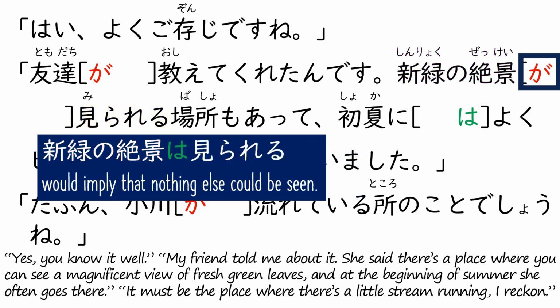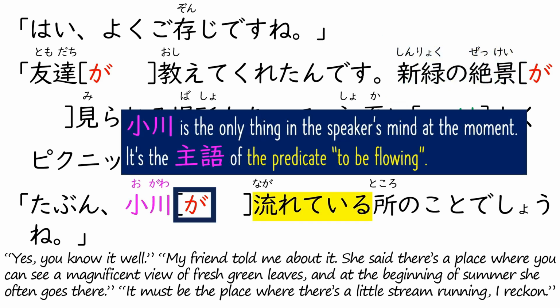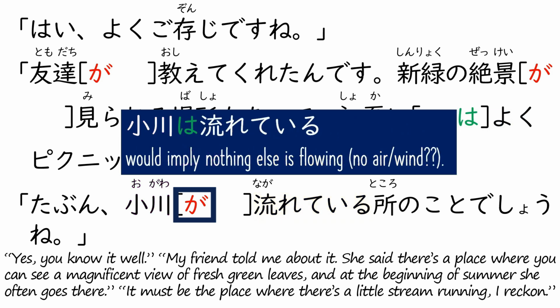What particle would imply that nothing else could be seen? Ga particle can't follow particles. 小川 is the only thing in the speaker's mind at the moment. It's the 主語 of the predicate to be flowing. What particle could imply that there's no other river flowing?